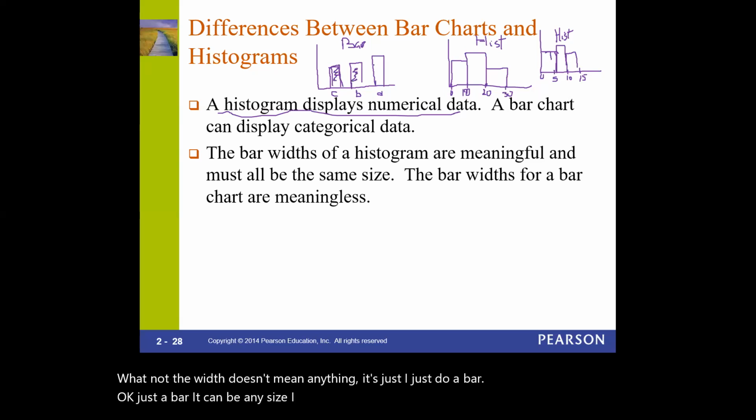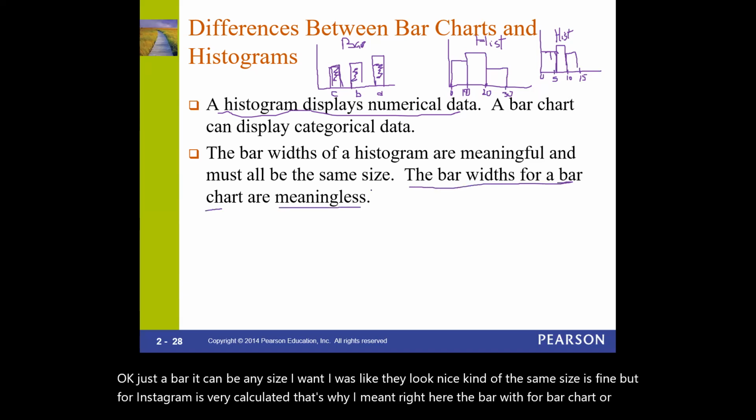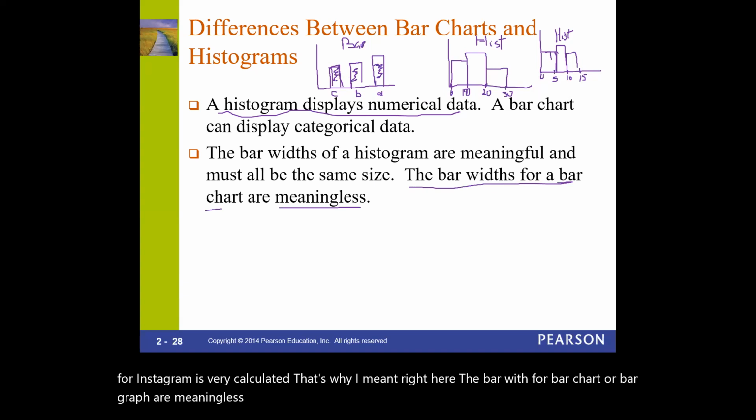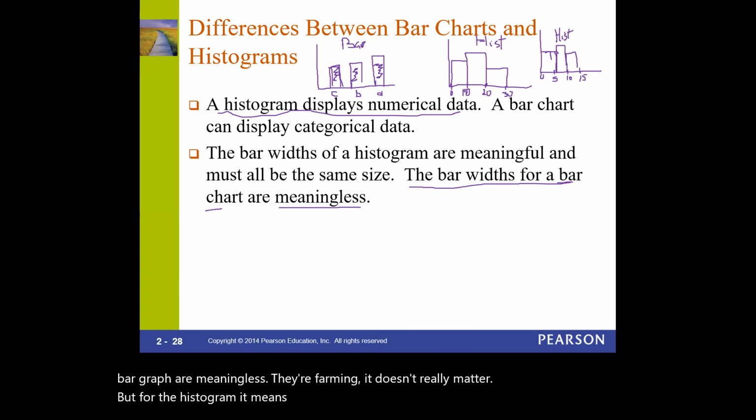As long as they look nice, kind of the same size is fine. But for histogram, it's very calculated. That's what I mean right here. The bar width for a bar chart or bar graph are meaningless. It doesn't really matter. But for the histogram, it means something. It gives you the width of each one. You understand? That's what it means.